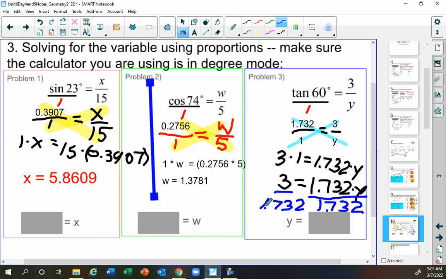It turned out that the tangent of 60 approximates the square root of 3. So that's why, when I did this problem, I realized, oh, maybe I should not have done this. So yeah, your final answer for Y down here would be that 1.732.